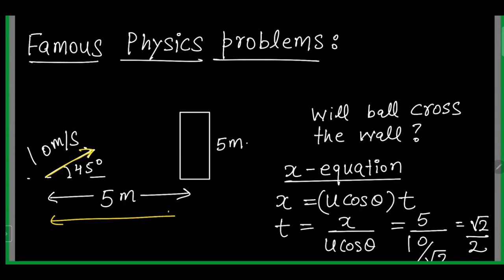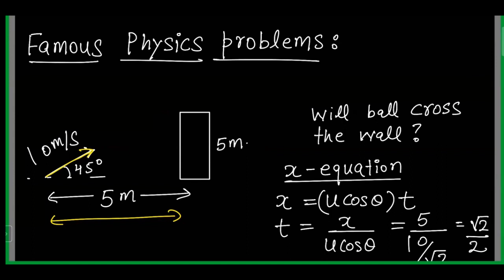At 5 meters away, there is a wall and the height of the wall is 5 meters. The question to you is, will this ball go and hit the wall, or will it go and cross the wall like this? What will happen?